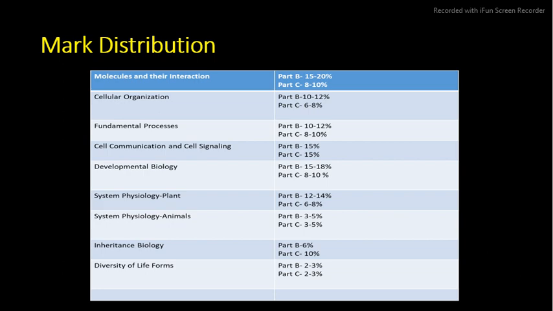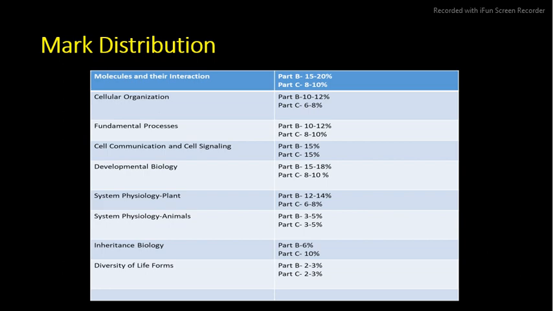Okay. So cell communication and cell signaling, part B 15 percentage, and part C 15 percentage, equal distribution. Developmental biology, part B 15 to 18 percentage, part C 8 to 10 percentage.